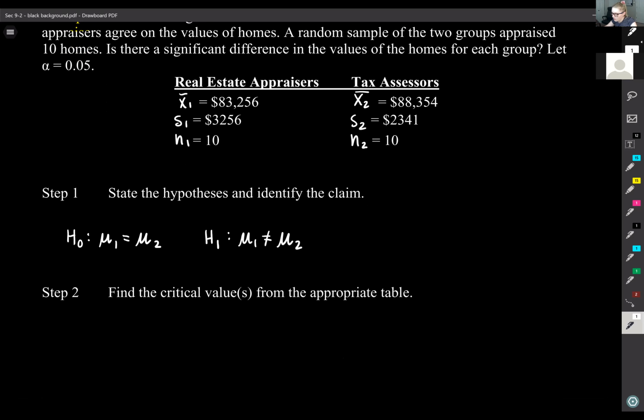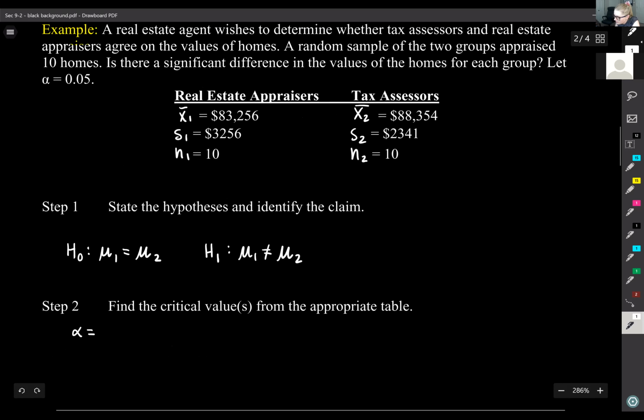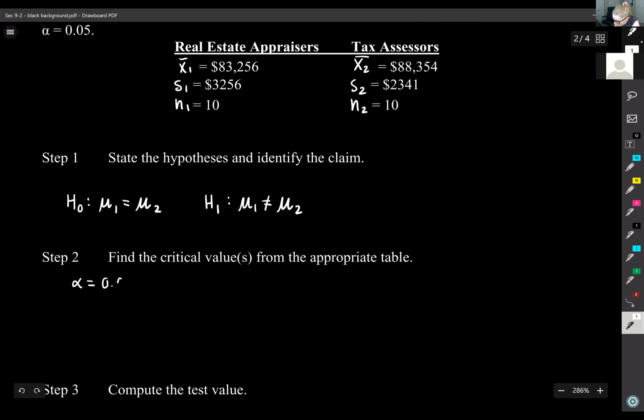All right, so our step 2 is to find the critical values from the appropriate table. First, let's write a few things down that we need to do this. Our significance level is 0.05. Note that this is a two-tailed test.